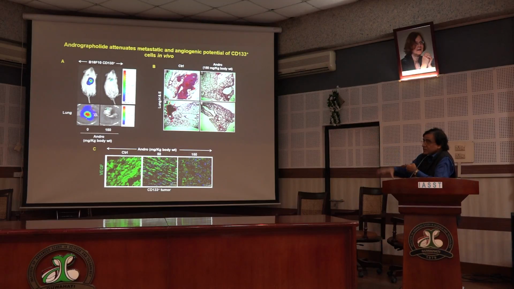And the way it works: Notch1 activates NICD1 through an enzyme called gamma secretase, and there are gamma secretase inhibitors, GSI9, GSI10, etc. We find that andrographolide behaves like a gamma secretase inhibitor, and that suppresses cancer stem cell mediated lung metastasis, which has been shown by immunohistochemistry here.